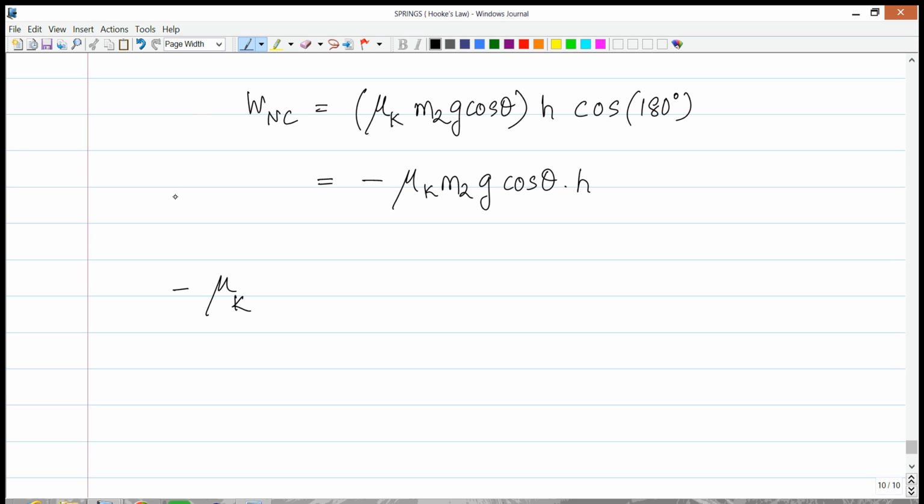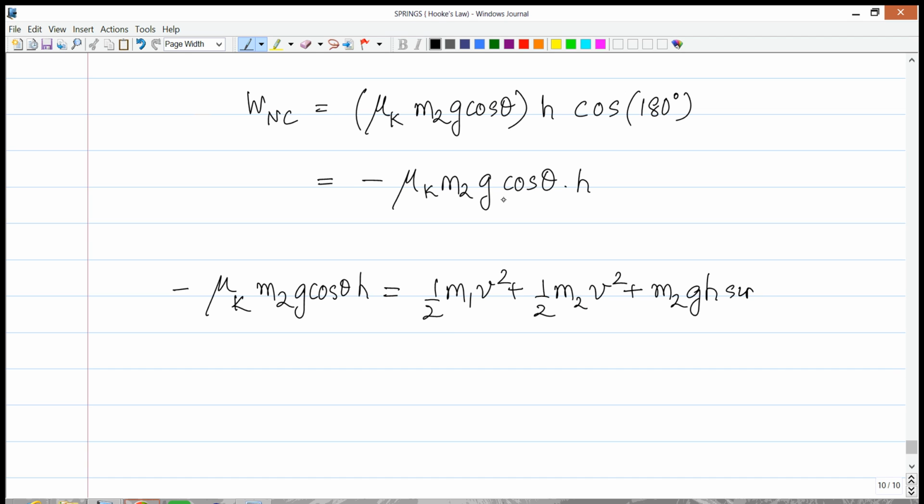We get negative mu_k m2 g cosine theta times h equals the final mechanical, which is 1/2 m1 v squared plus 1/2 m2 v squared plus m2 g h sine theta, minus the initial mechanical, which is simply m1 g h. Now we are ready to solve this.